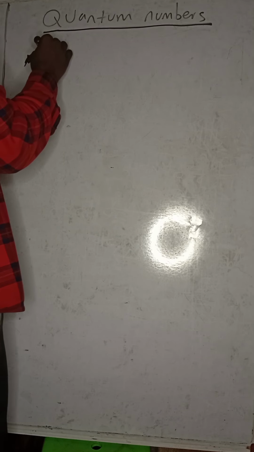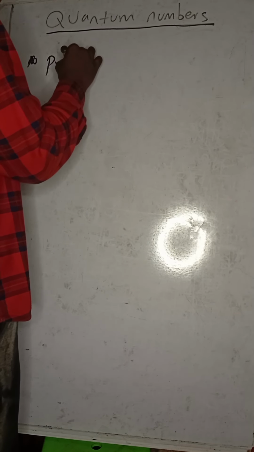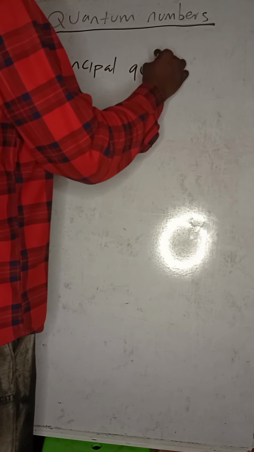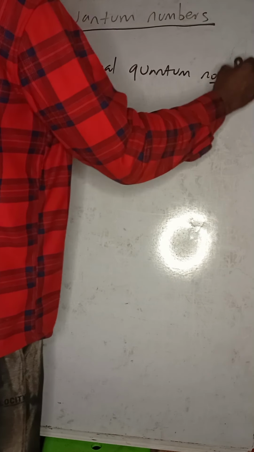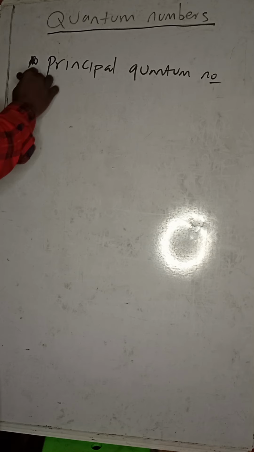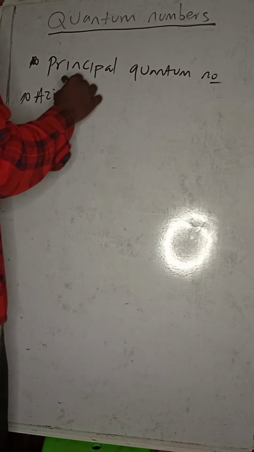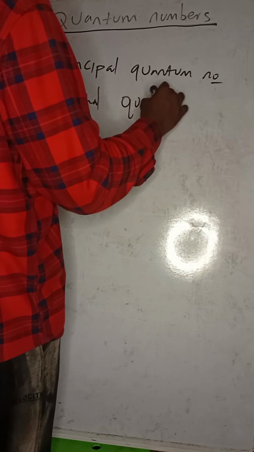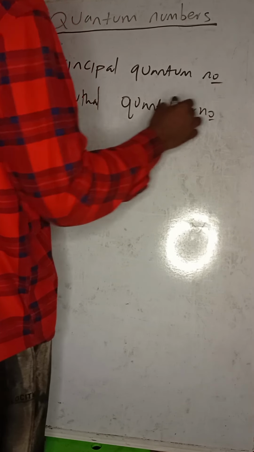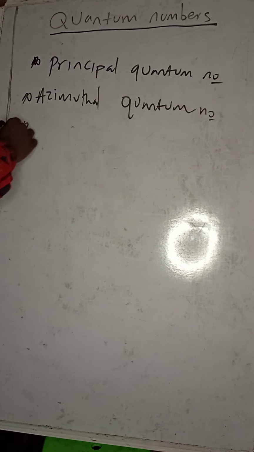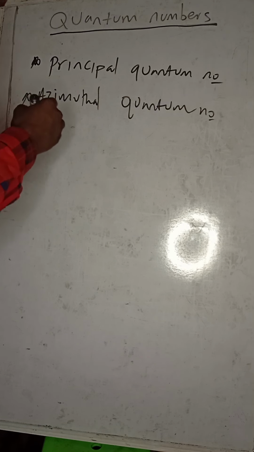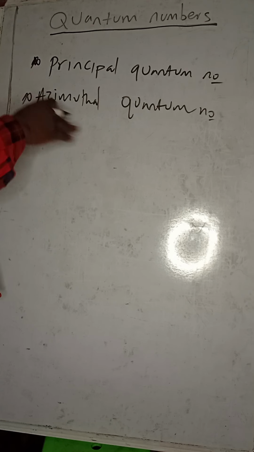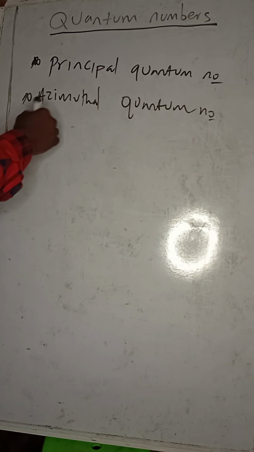The types of quantum numbers are the principal quantum number and the azimuthal quantum number. We're going to apply them to questions and see how they come out in exams such as A-level, IGCSE for the UK, some foreign exams and some basic higher institution exams.